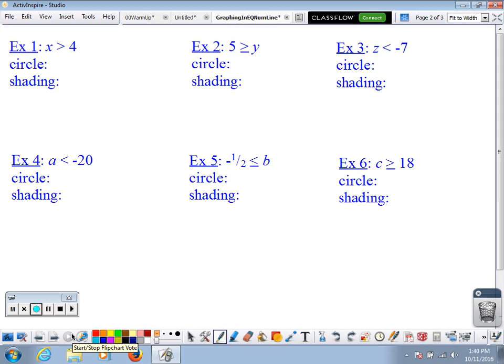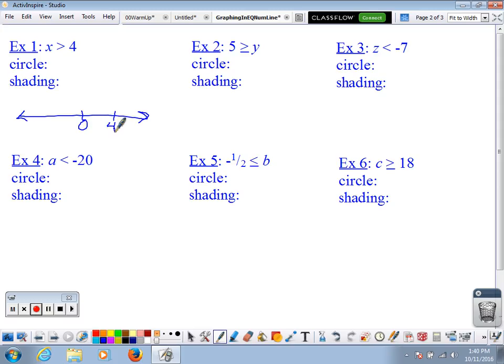So, I have x is greater than 4. Example 1, I have x is greater than 4. First, I want to think about the circle. Should it be open or closed? Then I want to think about which direction to shade. So, I'll start with my number line. 0 near the middle.